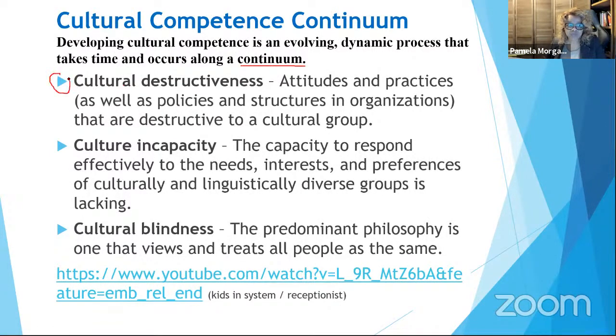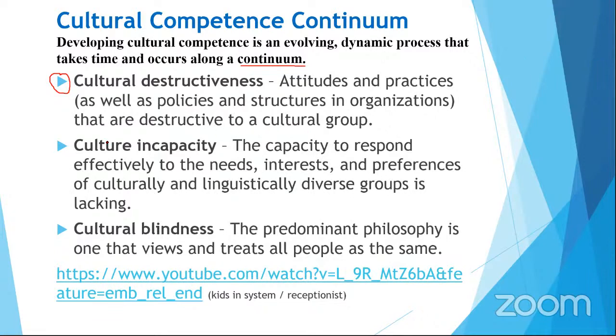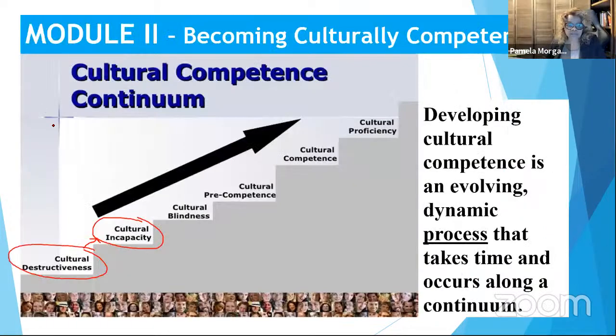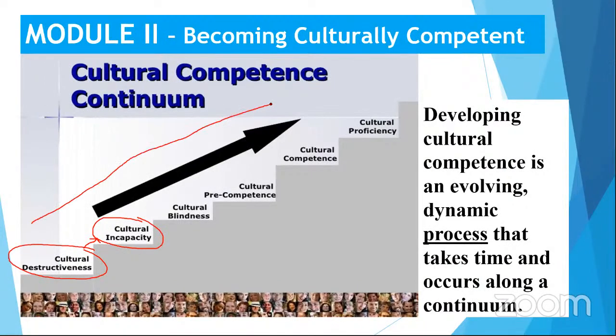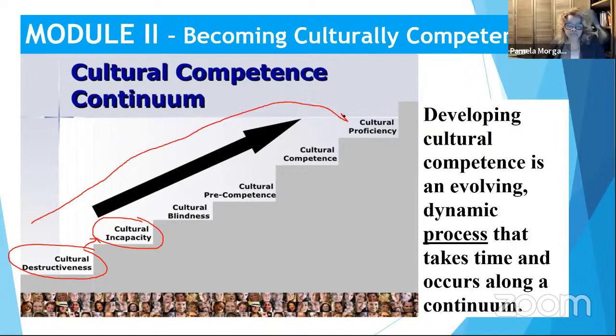So we start with cultural destructiveness, and that's where attitudes and practices, as well as policies and structures in organizations are destructive to a cultural group. And then we move on to cultural incapacity, and we see that ultimately we're headed towards cultural proficiency.